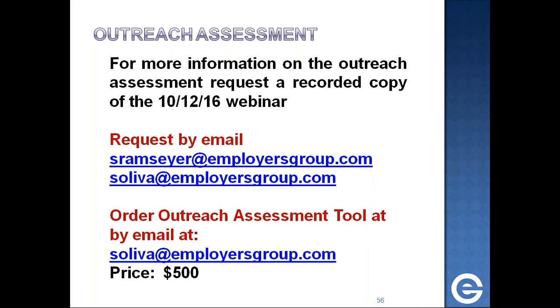If you're using a third-party vendor to do your outreach, like America's Job Exchange, Direct Employer, one of those, what you want to do is contact your sales agent or your representative and ask them for how to use their software to do the outreach assessment. They have built-in software in their systems, and they will teach you how to do it, but you have to manually contact every one of the recruitment sources that your third-party vendor is using to post your jobs, and you have to document it.